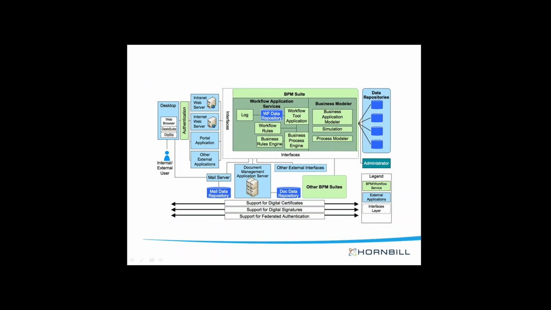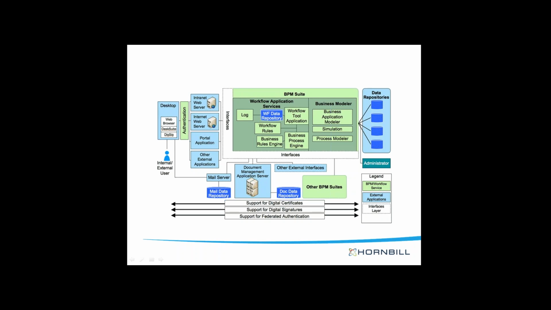Right, this is a quick graphical representation of what business process management means. I chose this graphic because it represents how Supportworks views this. We have our external users that connect to the system through a specific interface that can be any of these. We have other suites, applications, and external interfaces that connect to our BPM suite.